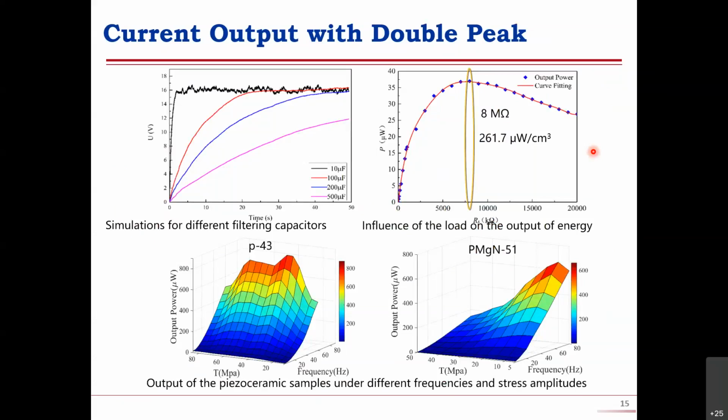If you have a discrepancy between the increasing and decreasing paths, then you can tell that this is a kind of dynamic hysteresis, and this is caused by nonlinearity.